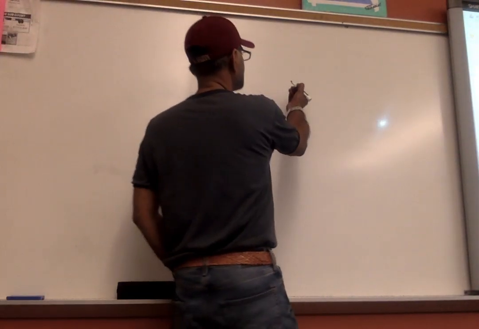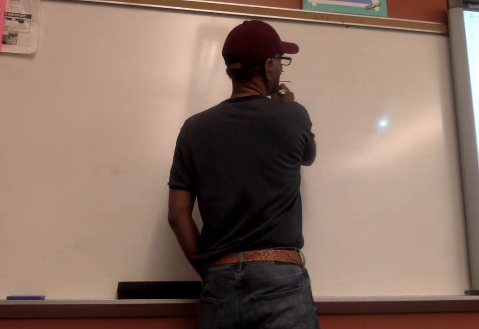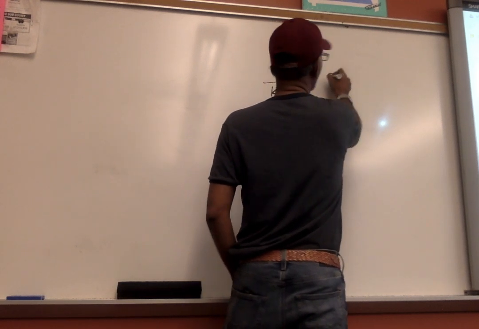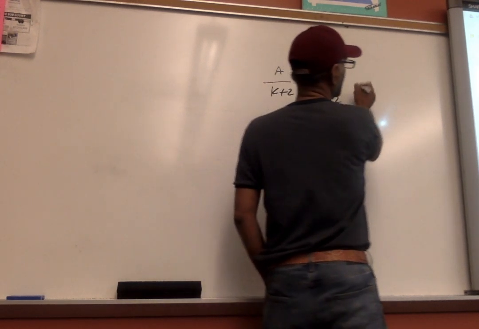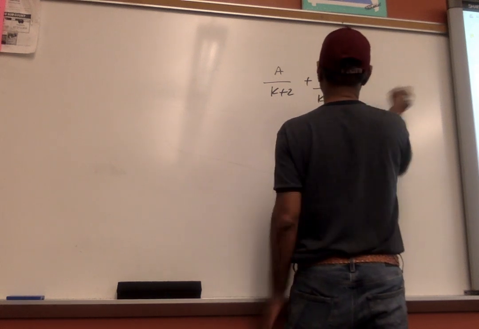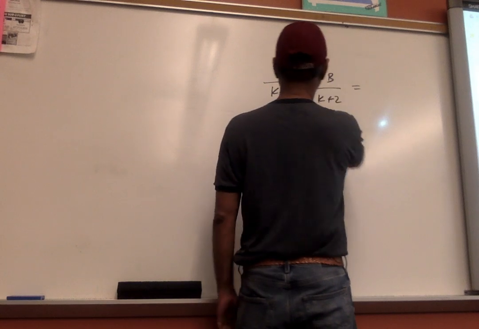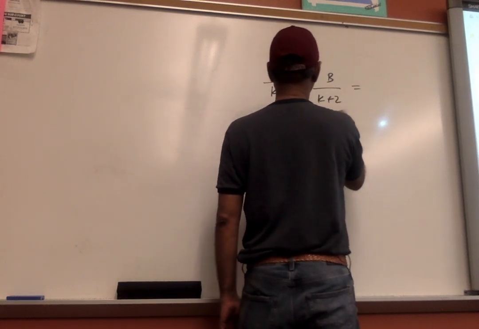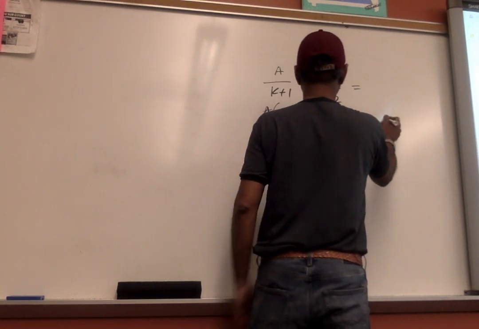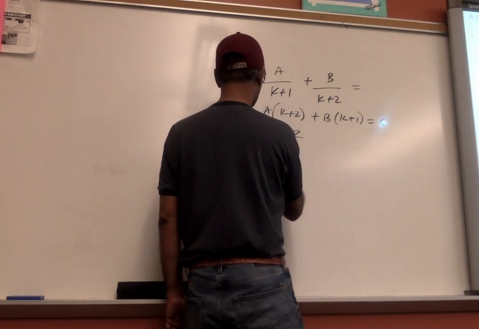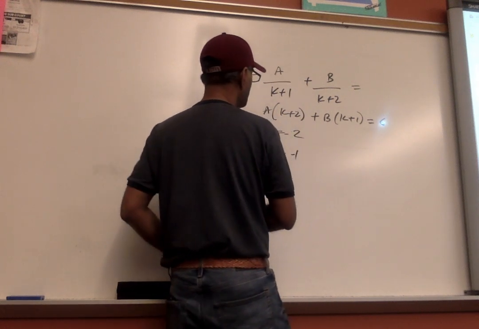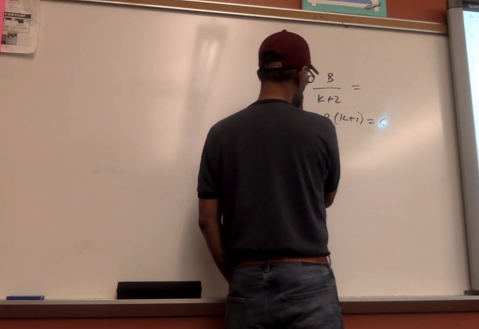So you're going to find Sn. A over k plus 1 plus B over k plus 2 equals, eventually, 6. A times k plus 2, oh, that's k plus 1 here, sorry, plus B times k plus 1 equals 6. If you plug in k equals negative 2 first, the first term collapses.